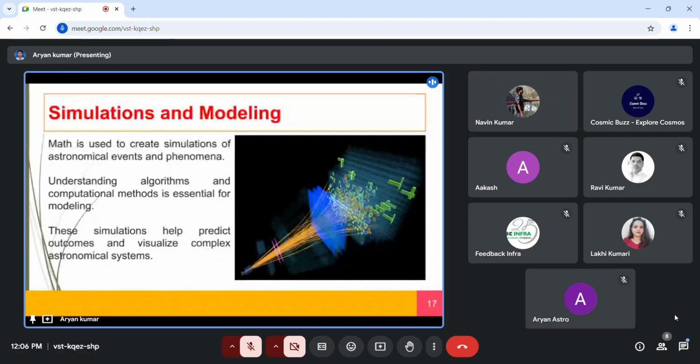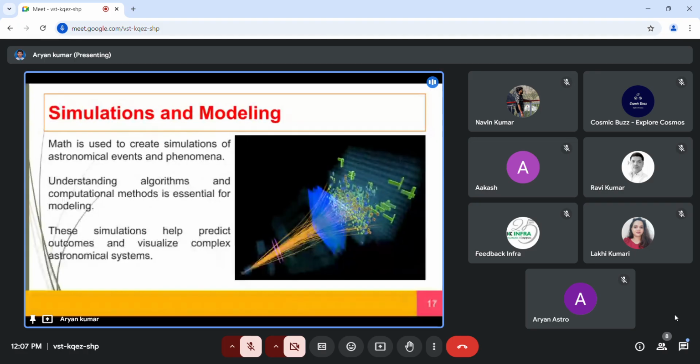We have already discussed this topic in around five slides. Math is used to create simulations of astronomical events and phenomena. Understanding algorithms and computational methods is essential for modeling.